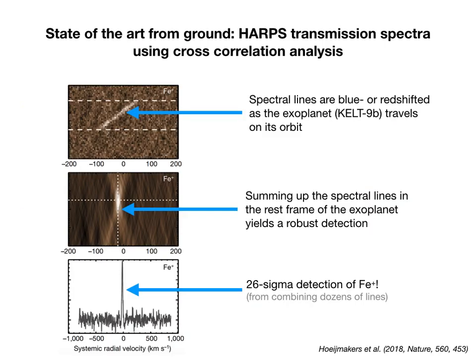So another example of this technique comes from Jens Hoeijmakers, who used to be a postdoc in my research group and was a student of Ignaz Snellen. And I'm showing you this analysis because this was a really convincing example of a detection, in this case of iron in the atmosphere of an exoplanet called KELT-9b.